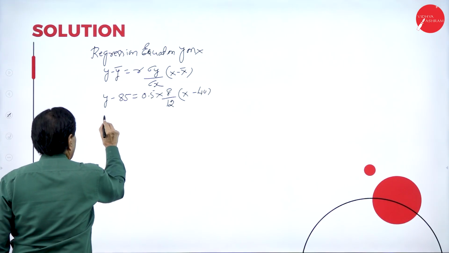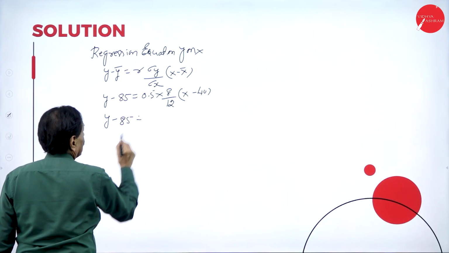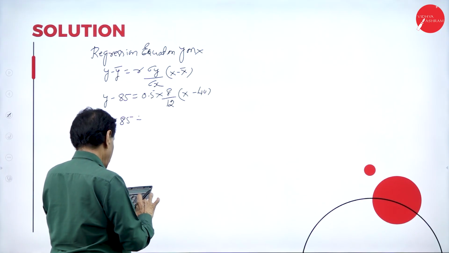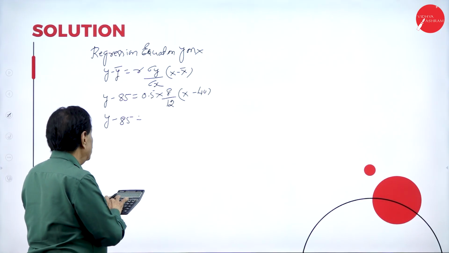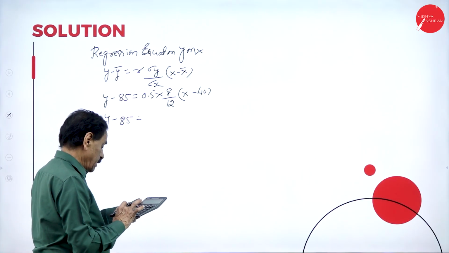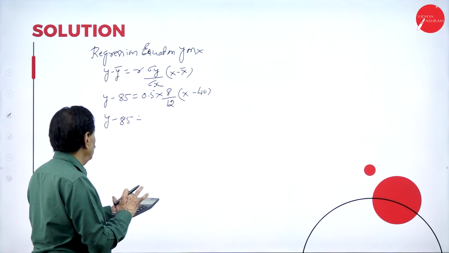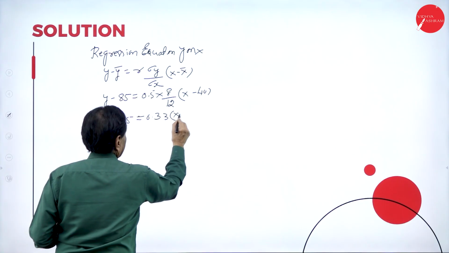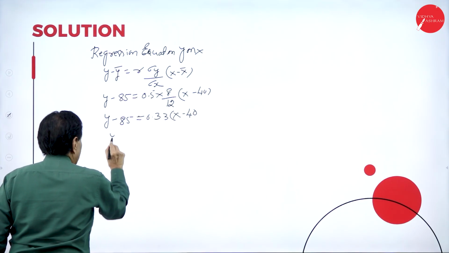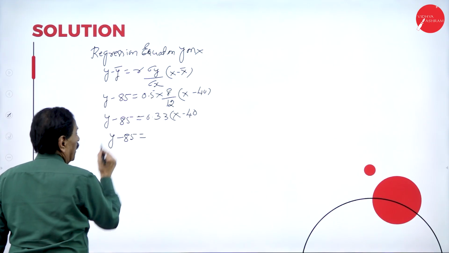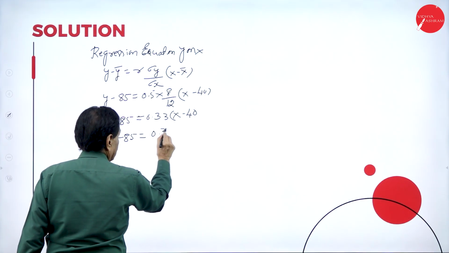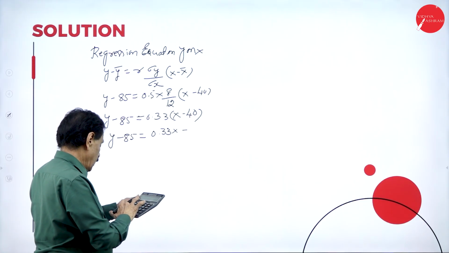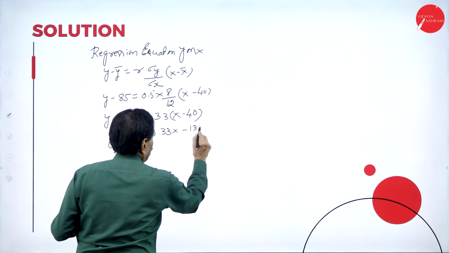Simplify. Y minus 85, 8 divided by 12 is 0.66, into 0.5 gives 0.33, into x minus 40. Y minus 85 equals 0.33x minus 0.33 into 40, which is 13.2.